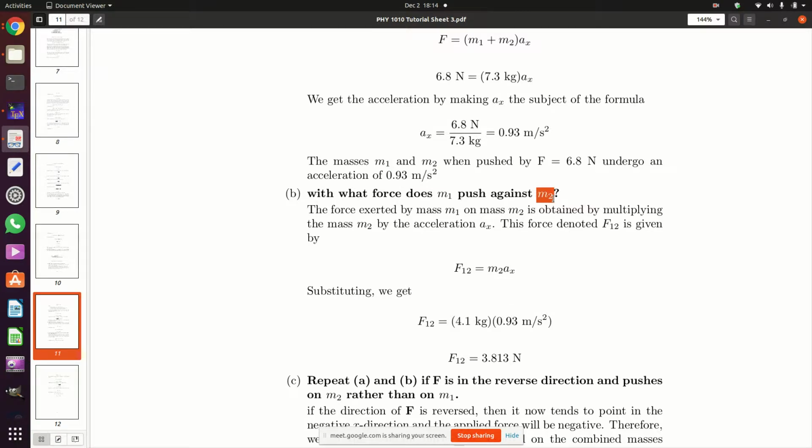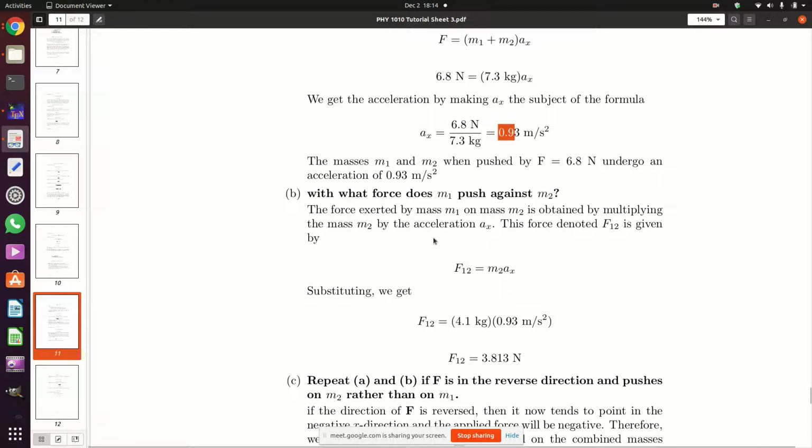So the force which M2 is going to experience is equal to the mass of M2 multiplied by the acceleration. The acceleration of these two bodies is the same, which we have already found to be 0.93 meters per second squared.